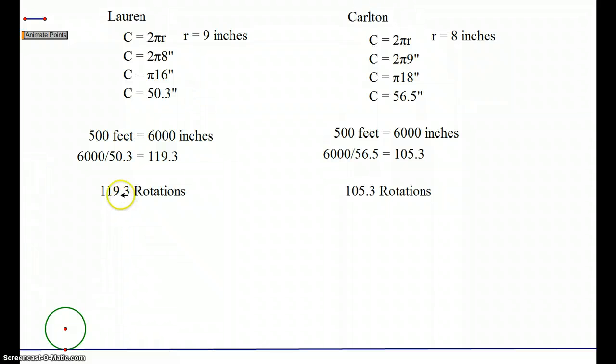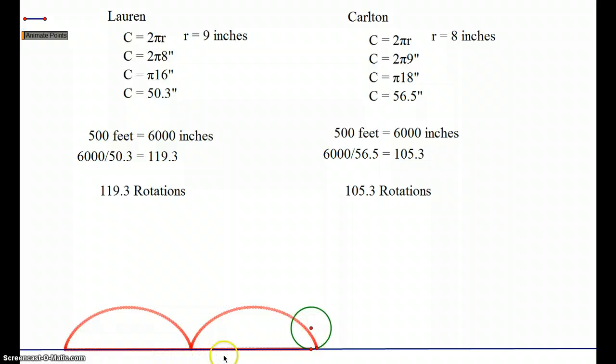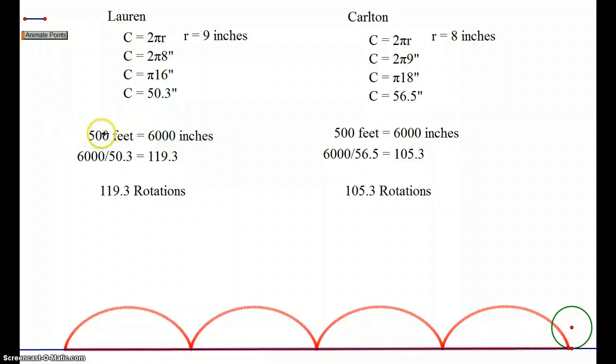Now, we want to find out how many rotations, or how many times this wheel spun, to cover a length of 500 feet. We can do that a couple ways, but one way is to take the 500 feet and turn it into inches, because that's what our circumference is in.